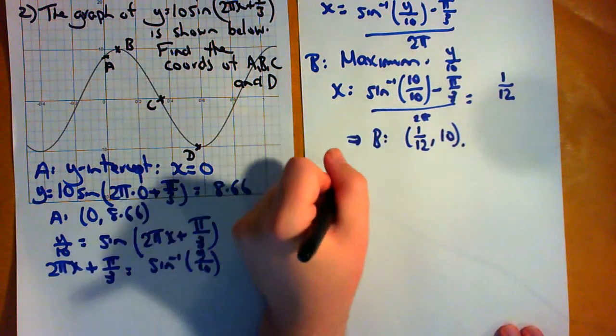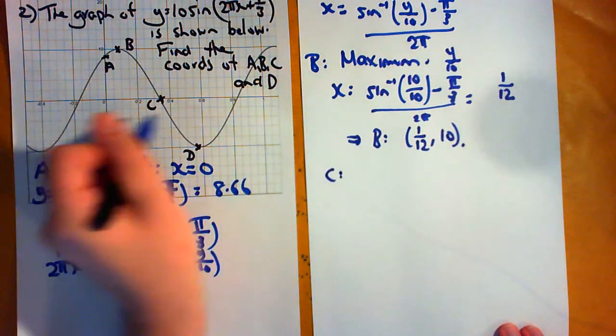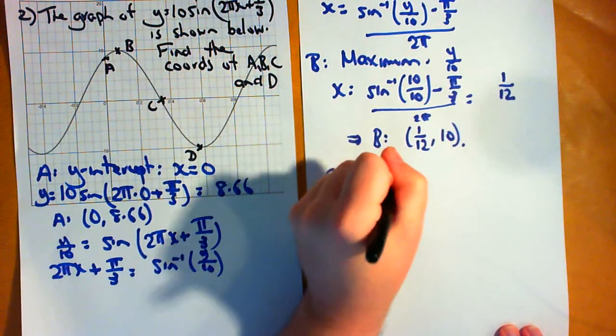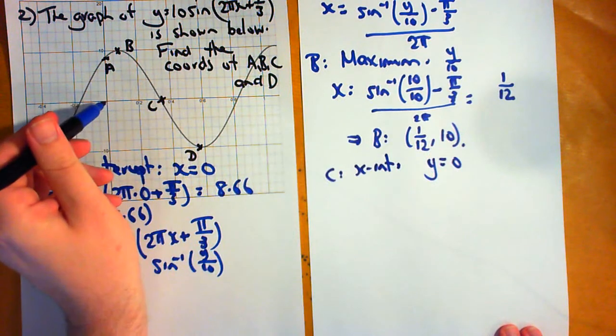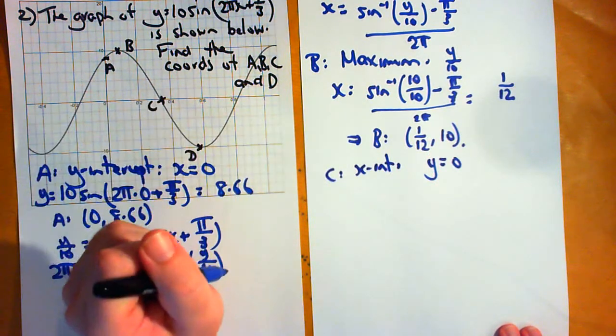Point C, what feature is this? This is the x-intercept, and for the x-intercept we know that y equals 0. It's the x-intercept because it's where it crosses this horizontal line, the x-axis.